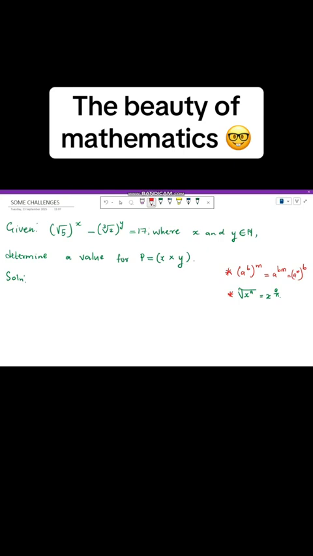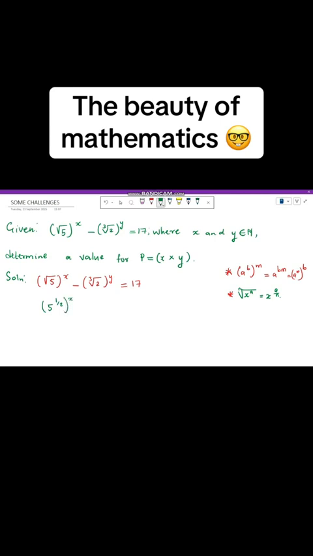Right, so I'm going to just have the square root of 5 then to the power of x, minus the cube root of 2 then to the power of y, like that, which equals 17. Then I can express this as 5 to the power of half, since this is a square root, so my index there is 2.